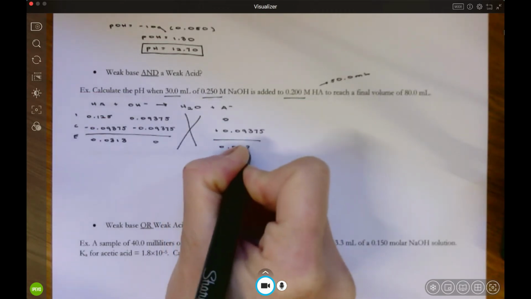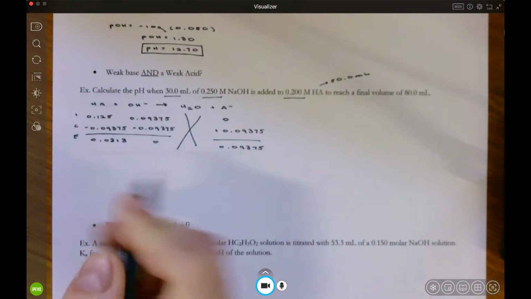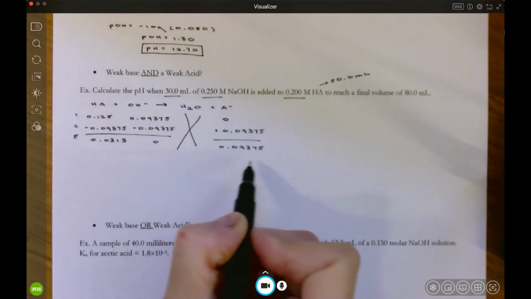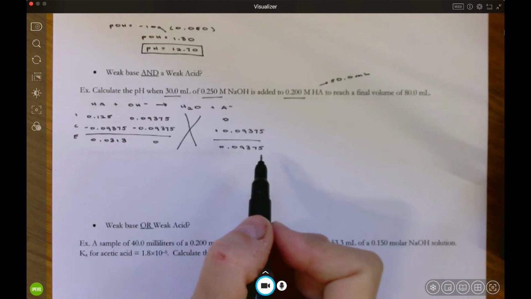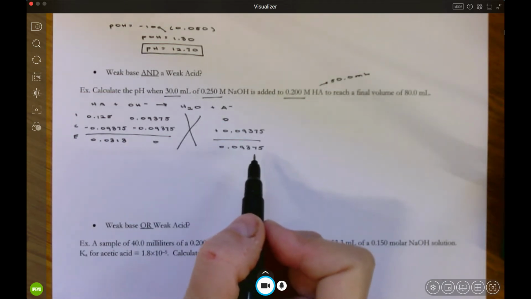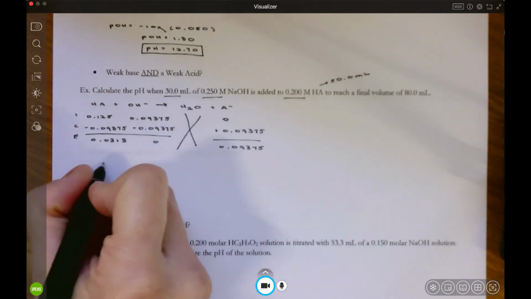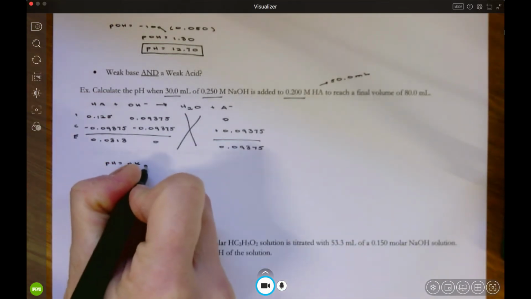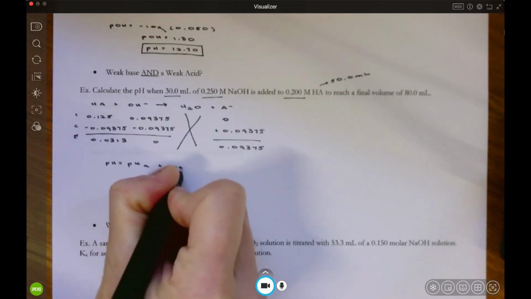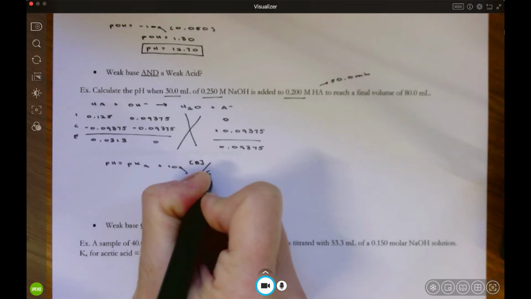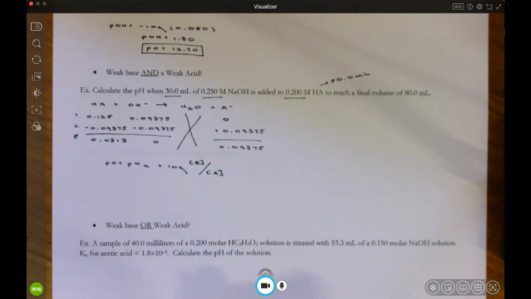So notice, to answer the question, what is left over, I have weak acid and I have weak base, which tells me as soon as I have weak acid and weak base, you should be thinking, thank goodness, because that tells me I can use my Henderson-Hasselbalch equation. So pH equals pKa plus the log of your weak base divided by your weak acid concentration.